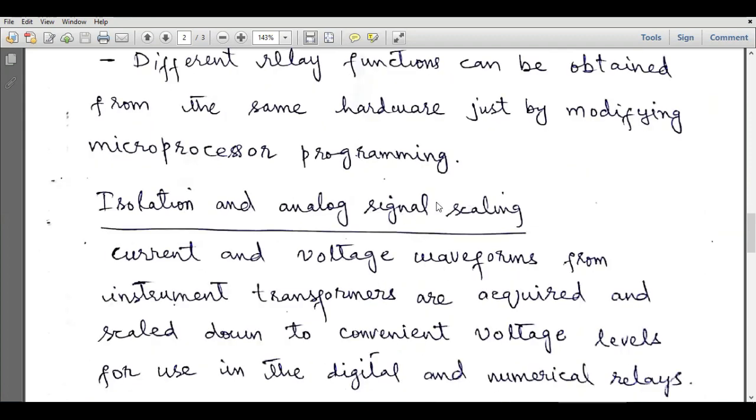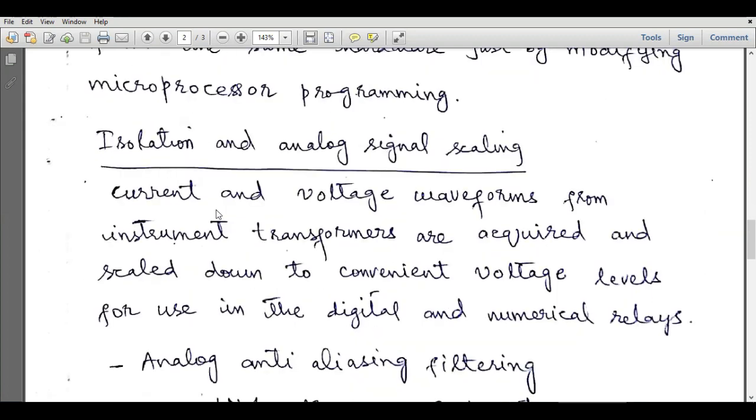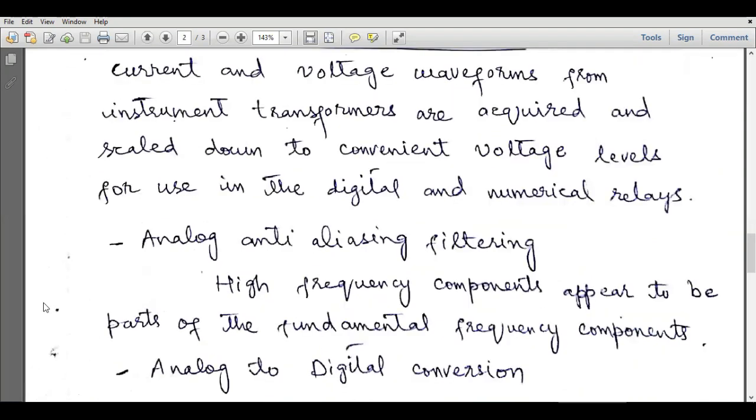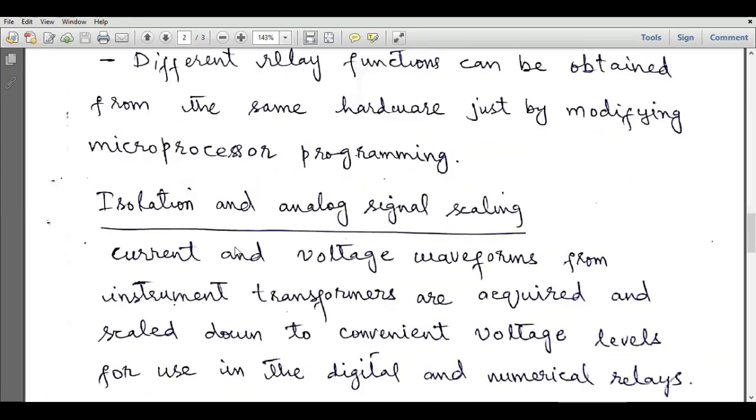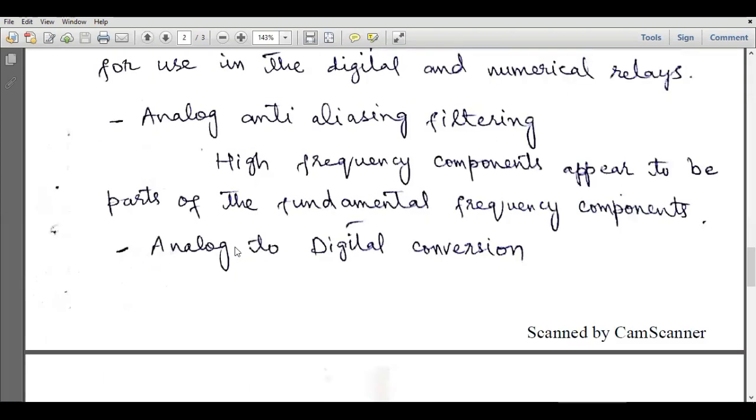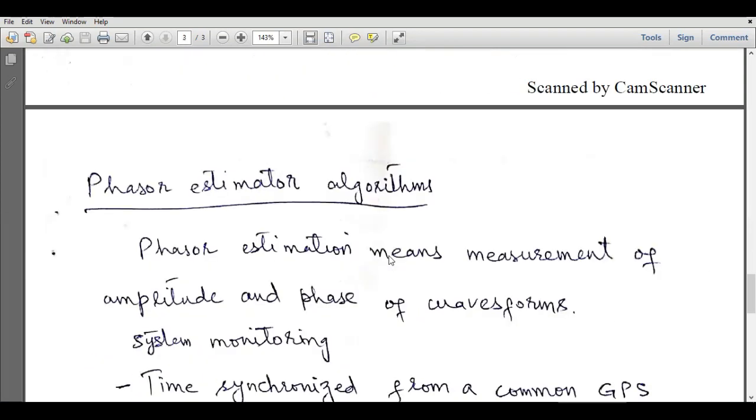Isolation and analog signal scaling. Current and voltage waveforms from instrument transformers are required and scaled down to convenient voltage levels for use in the digital and numerical relays. Analog anti-aliasing filtering. High frequency components appear to be parts of the fundamental frequency components. So this filtering is also embedded into the IEDs, and analog to digital conversion is also present in IEDs.